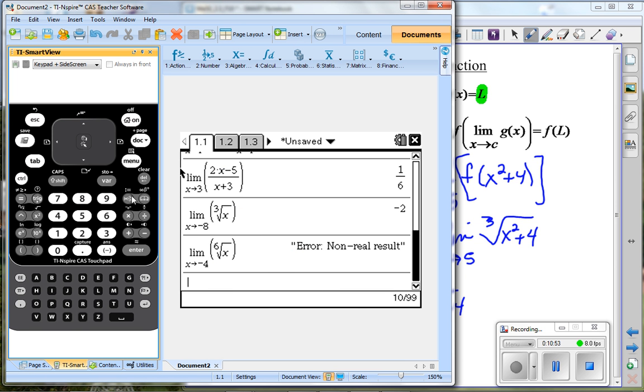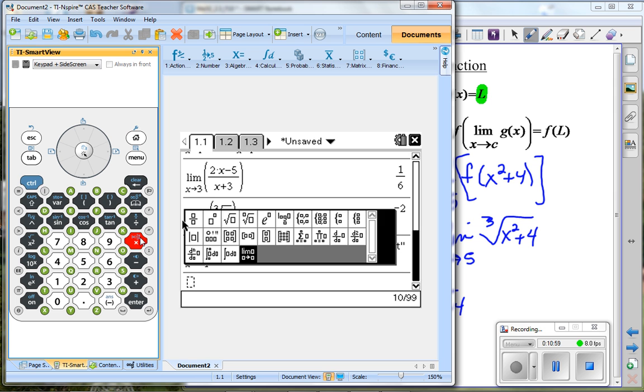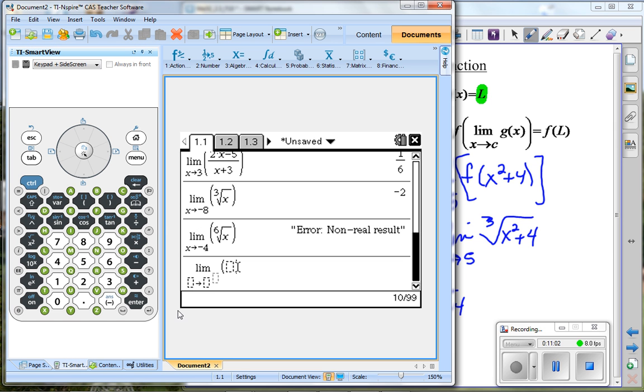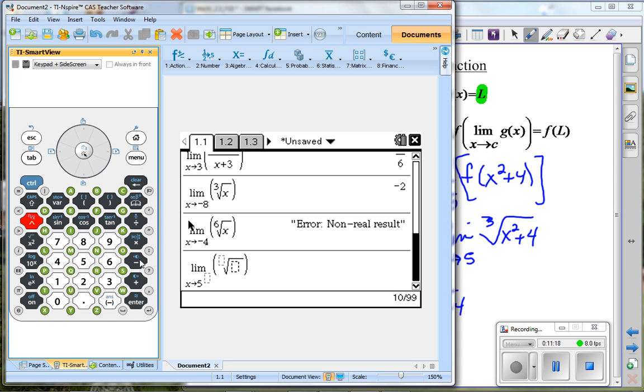Okay, let's do one check over here. If we do a template and we pick up a limit, we are looking at x approaching 5. And we are considering then the cube root of x squared plus 4.